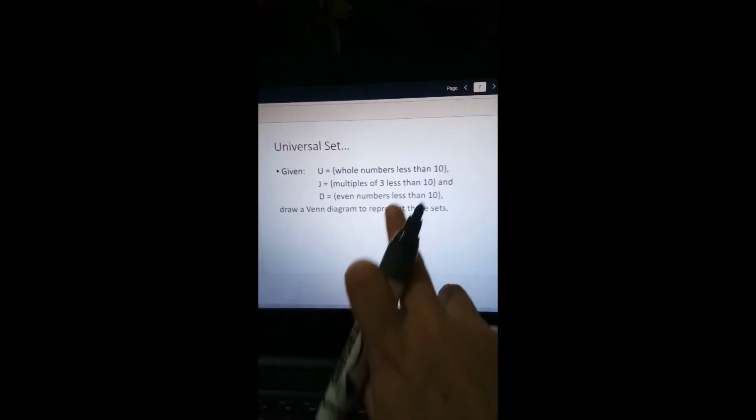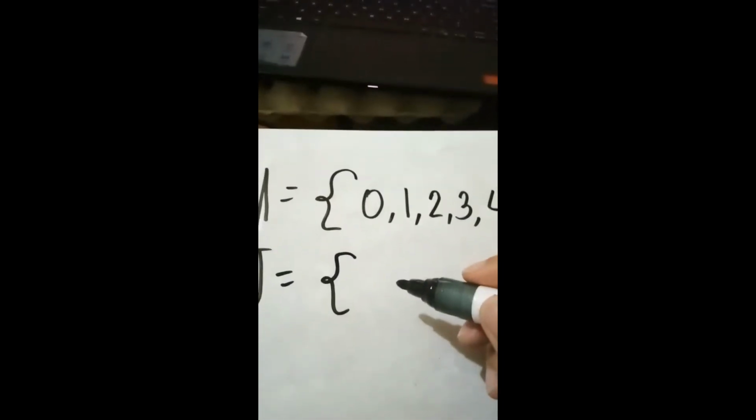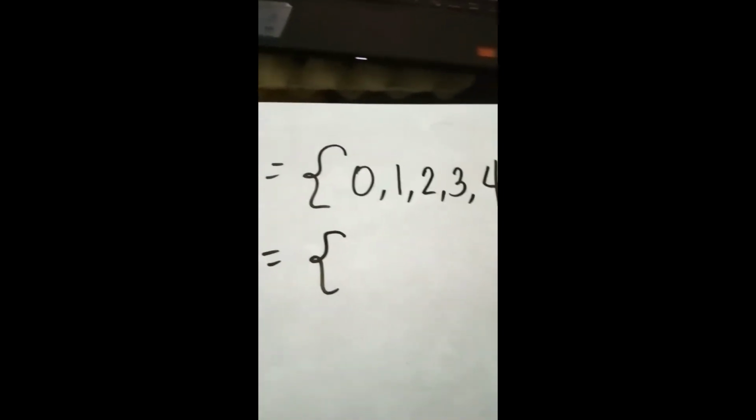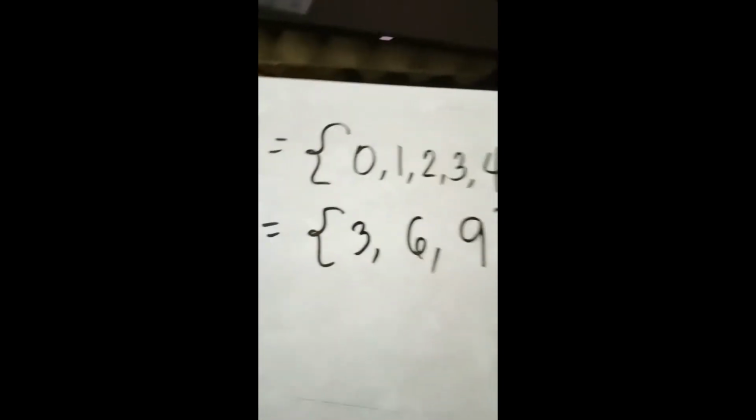We'll stop at 9 because it says there whole numbers less than 10. Okay, next, let's have your set J. It says there set J contains the elements multiples of 3 less than 10. Therefore, the numbers that are divisible by 3 and less than 10 are 3, 6, and then 9.